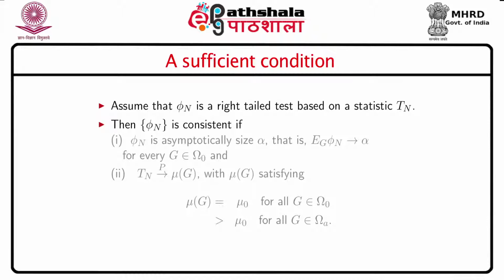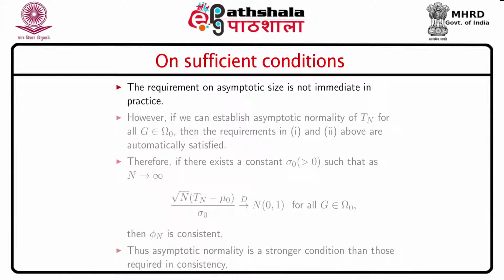Then, phi n is consistent if, number 1, phi n is asymptotically size alpha, that is, the expected value of phi n tends to alpha where G is specified by the null hypothesis, for every such G. And number 2, Tn, the statistic under consideration, converges in probability to some function mu G, where mu G equals mu naught for every G belonging to Omega naught and mu G is greater than mu naught for every G belonging to Omega A. However, the requirement on asymptotic size is not immediate in practice.